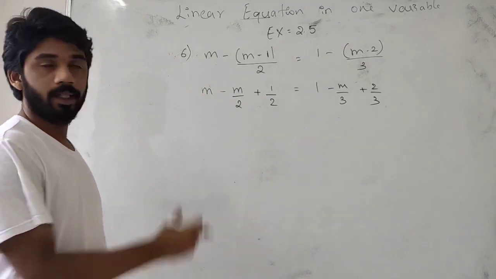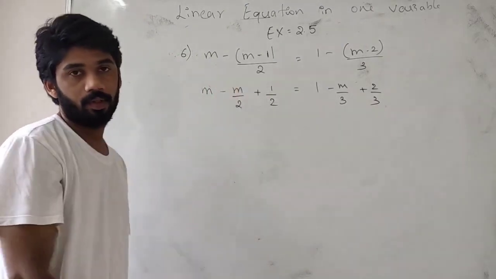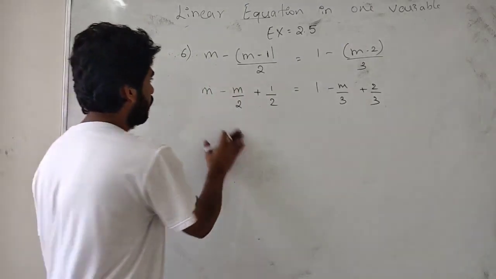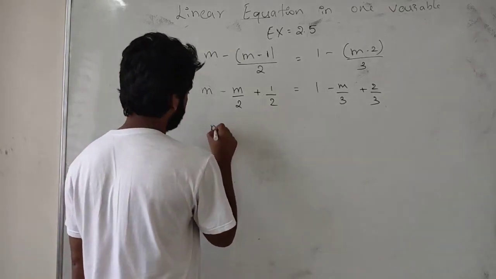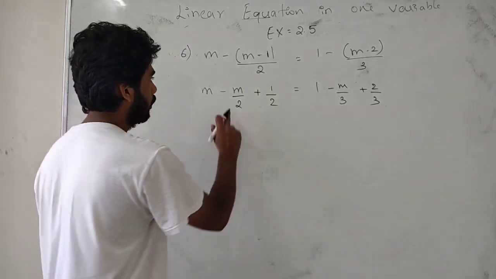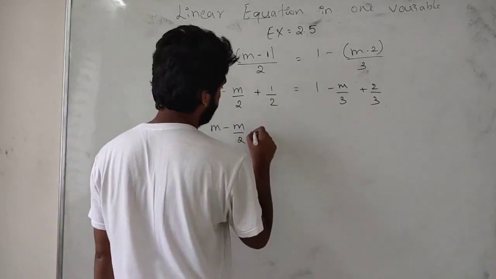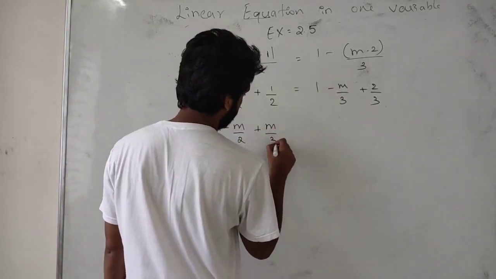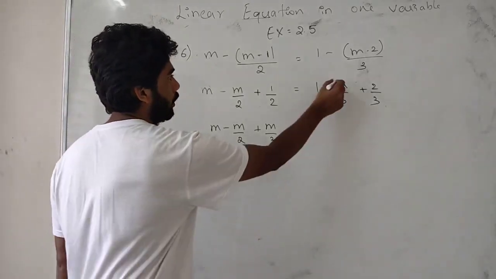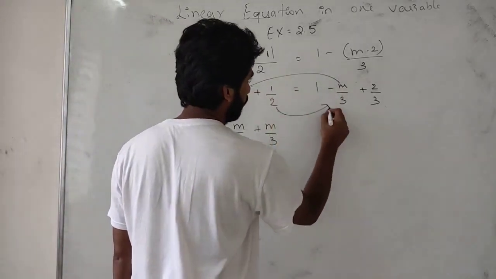Now I can take the m terms on one side and the numerical terms on the other side. So I will take m minus m by 2, keep it as it is. Now I will bring this one, plus m by 3, this side, and this I will send to the other side.